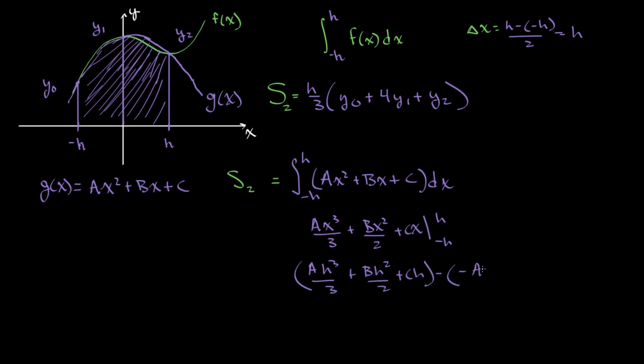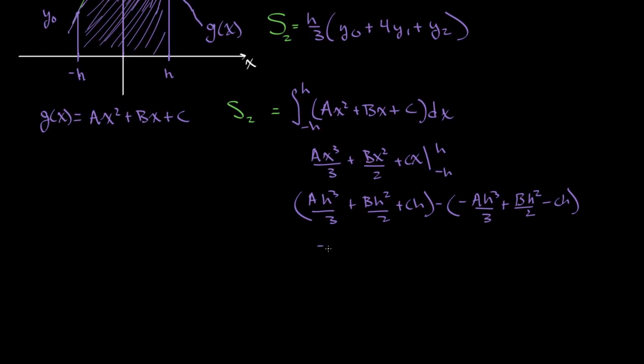We have negative a, negative h, cubed over 3, and then plus bh squared over 2, and then we have minus negative ch. All right, and then doing some simplification, let's see what we get. We get 2/3 a, and this is h cubed, and then these squared terms, these quadratic terms here are going to cancel, and then we are going to have plus 2 times ch. So that's what we have left over.